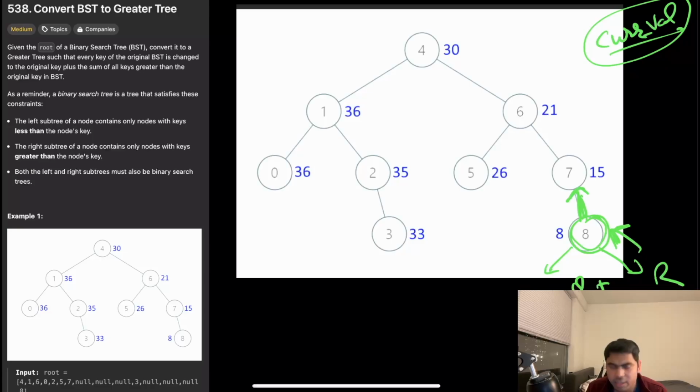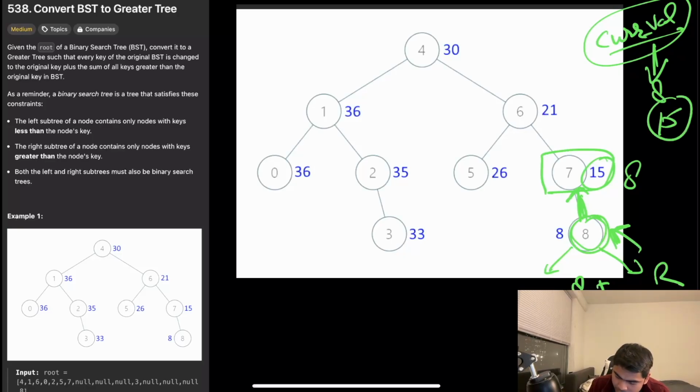Then we come over to its parent, which has 7, and we got 8 from below, so the current value is 8 right now. I combine and make it 15. I update my answer and return back to the parent, and the same thing happens.